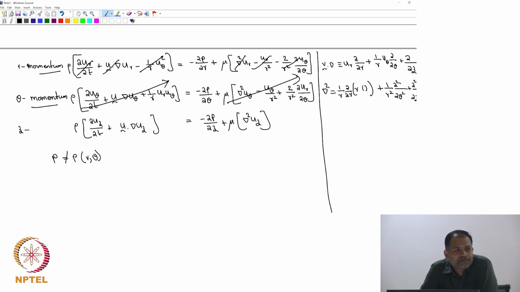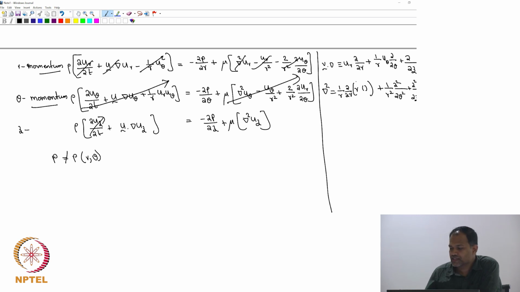Khyadi Mishra, what is left in the z momentum equation? Let's start one by one. How about ∂uz/∂t? It's 0. How about u dot grad uz?